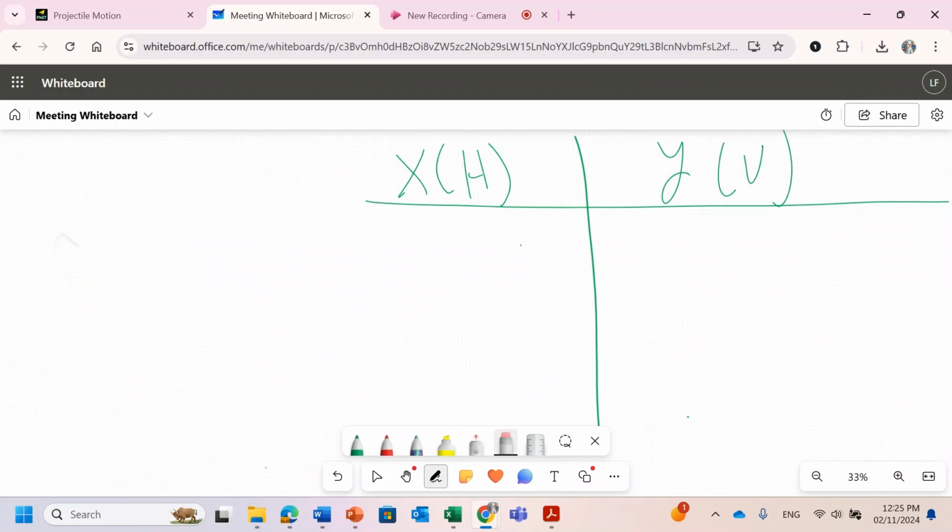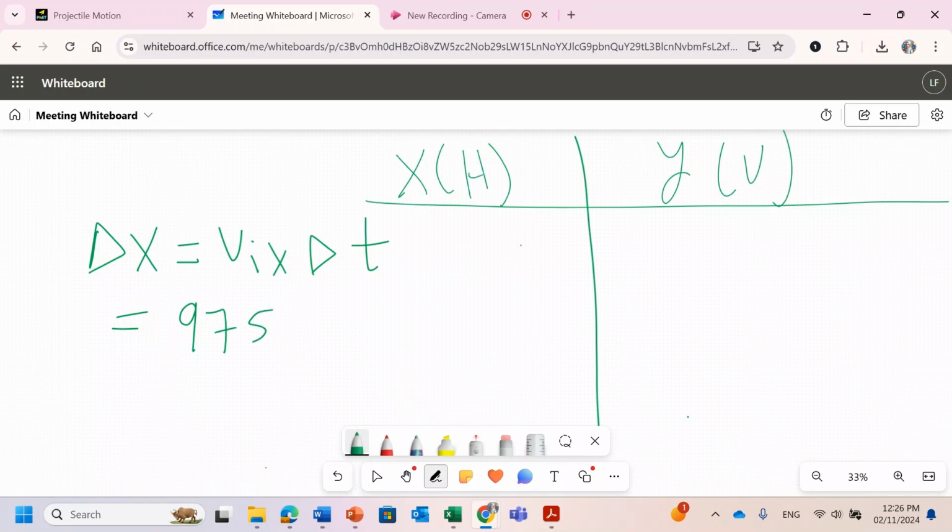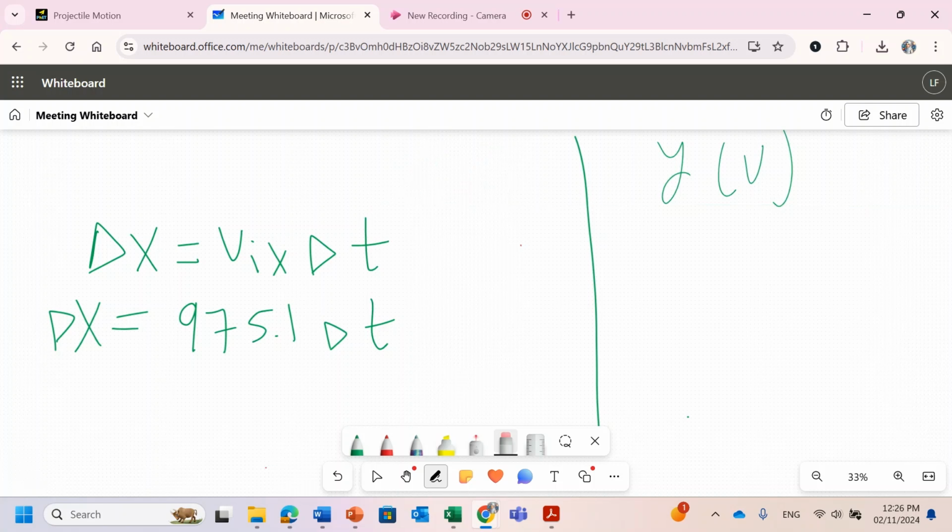So the second equation: delta X will equal V initial in X direction times time. V initial we just calculated, 975.1, and delta T we don't have. So we leave this equation and we'll come back to it.